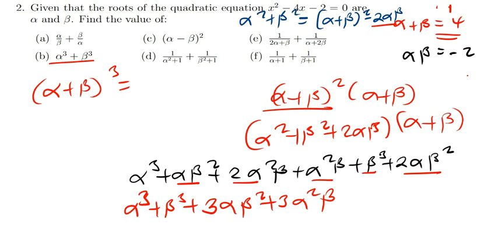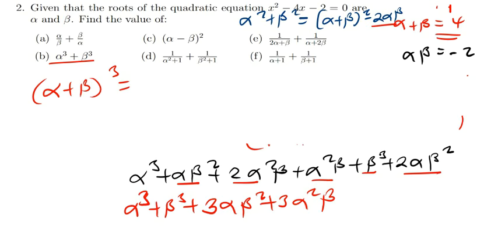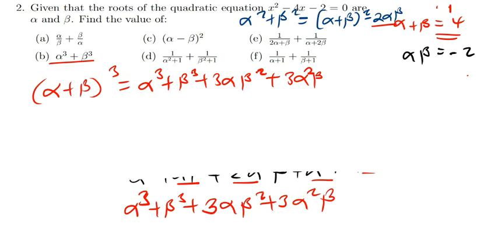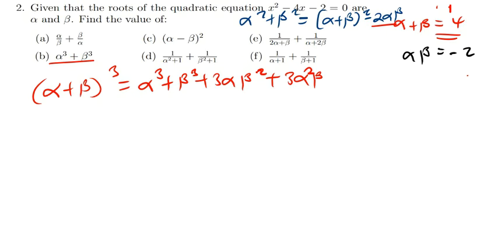So remember, we are trying to make this guy the subject of the formula. What we have now is alpha to the power 3 plus beta to the power 3, then plus 3 alpha beta squared, plus 3 alpha squared beta. So now our goal is to make alpha to the power 3 plus beta to the power 3 the subject of the formula. So I'm shifting these to go to the other side.